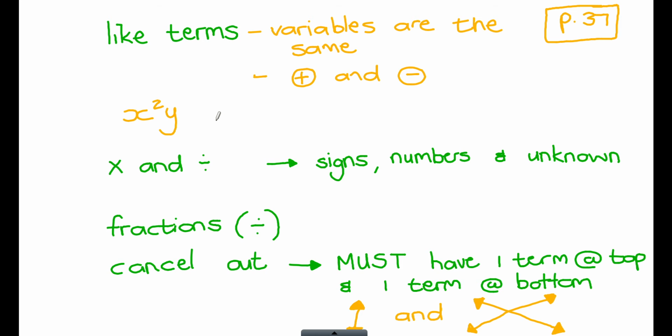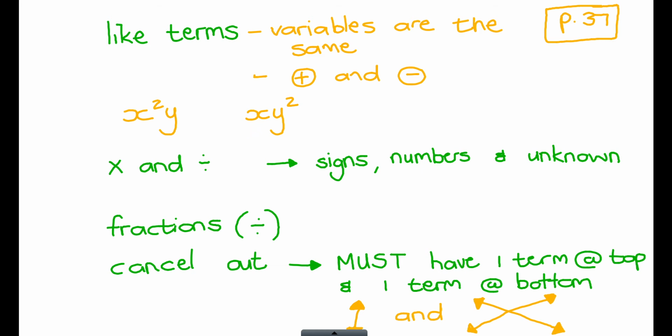Will that be the same as x y squared? Because the first one has got x squared, but the second one has got just x. So they are not like terms.